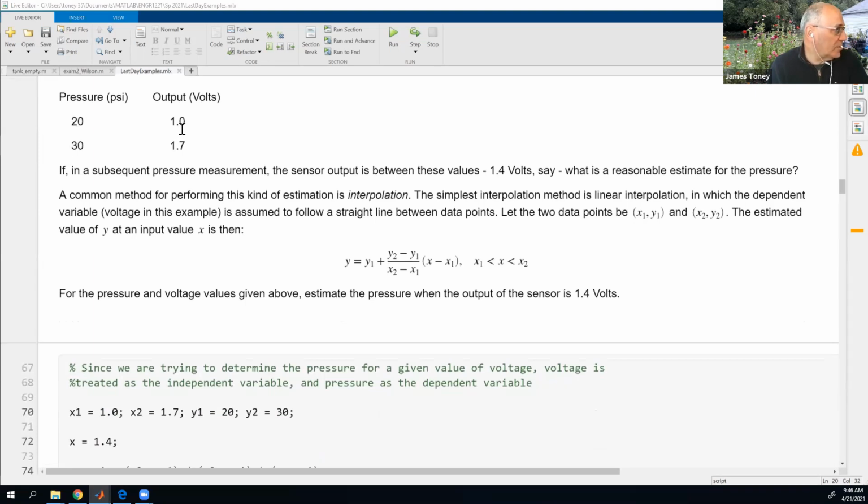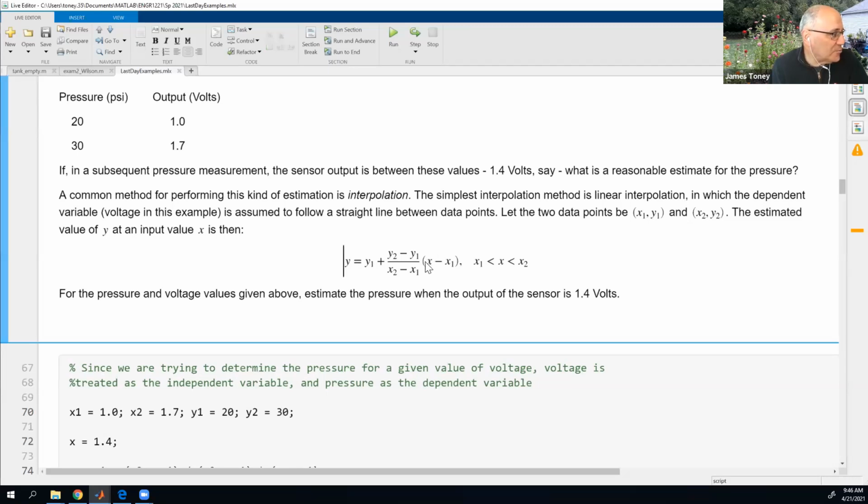So if we get a voltage of 1.5 volts, what pressure does that correspond to? Well, we can do that by interpolation. Again, the simplest kind of interpolation is you assume a straight line, which means you take those two known points, put them into this equation along with x, which is the value at which you're trying to do the estimate.